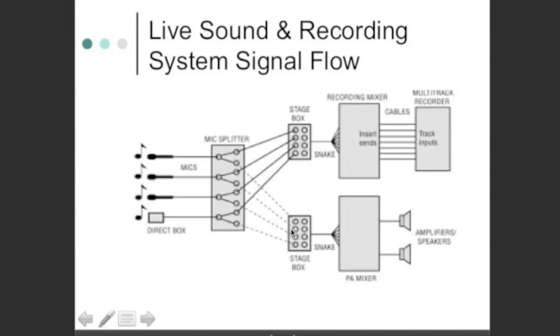And this path over here, the lower path, goes through the same basic block diagram that we just saw for the live sound performance. In that situation, you don't feed from the mixing amp, you take it right off the microphone, so you've got a clean signal for recording live performances. And then you've got a parallel system going to the live audience, and then another parallel system going to the monitor for the performer to hear themselves.